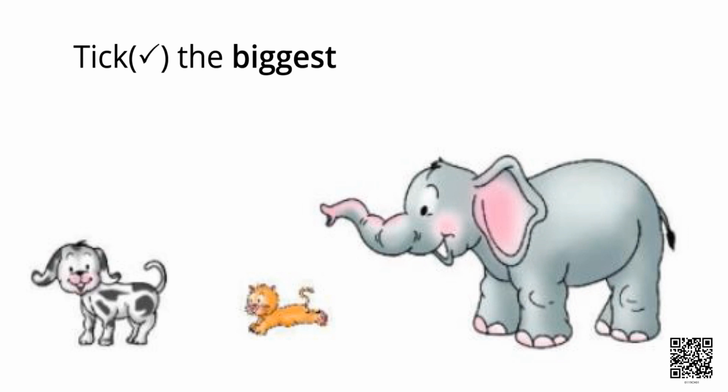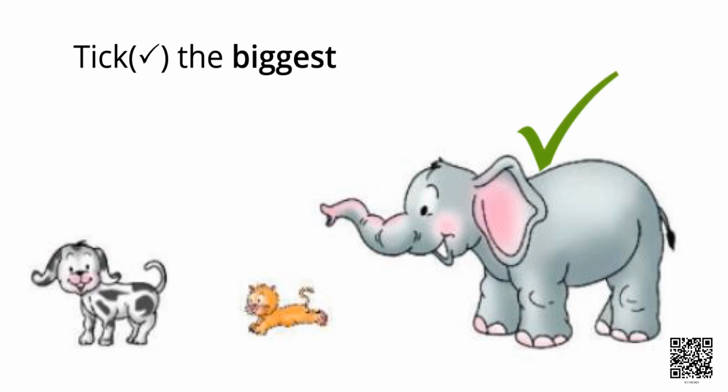The first one, the middle one, or the last one? The last one. Elephant. Very good. Yes, elephant is the biggest of all three animals in this picture. So let's put a tick mark here on the elephant.